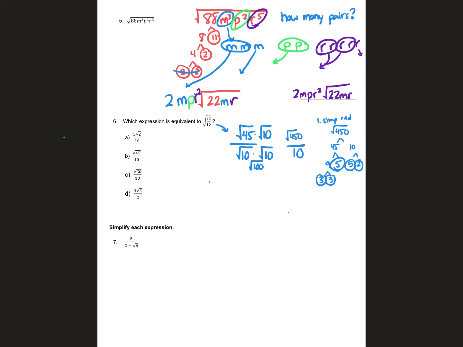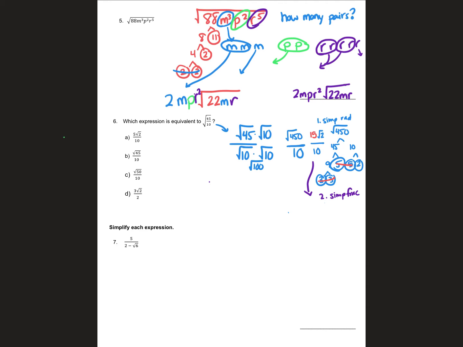So those are prime, and 10 is 5 times 2. Okay, I see two pairs, pair of 5s, pair of 3s. Those are going to come outside. So then I would have 15, and then my leftovers is the 2. So 15 radical 2 over 10. Okay, step 2 now is always to simplify the fraction. So don't look at the radical.